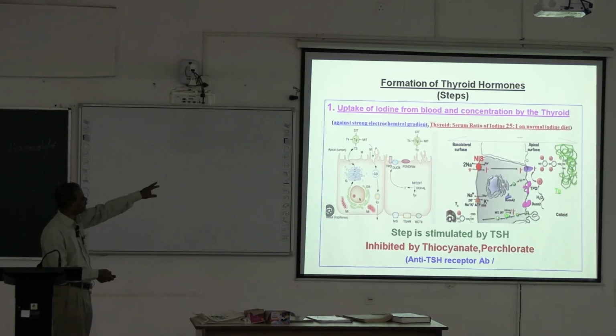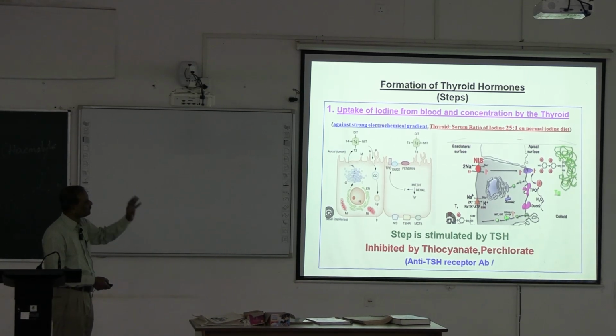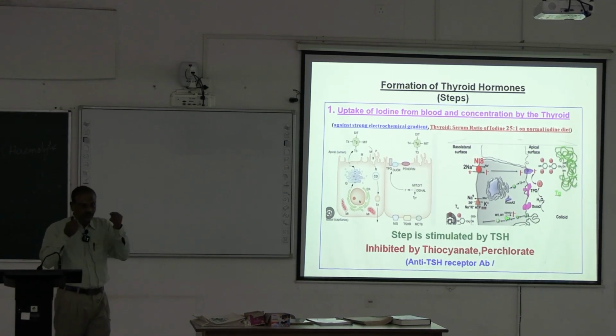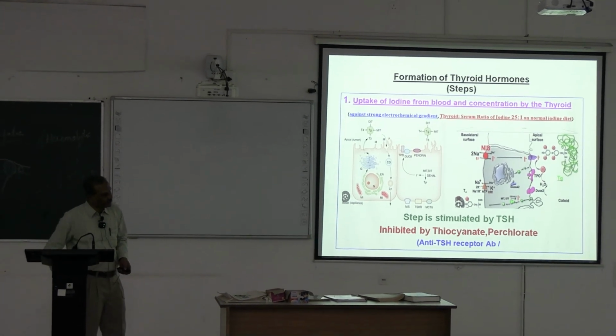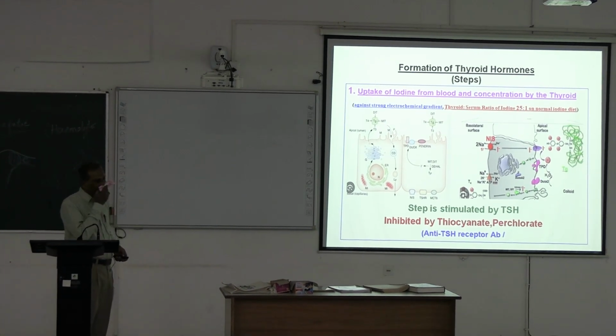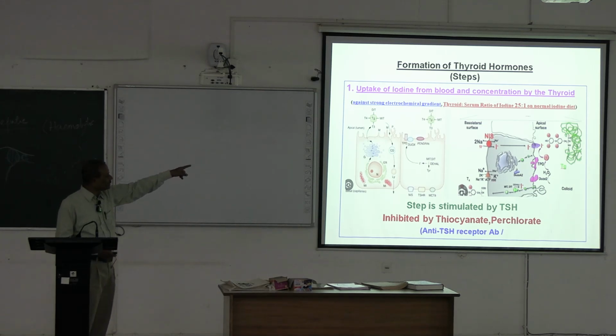The first point is uptake of iodine from blood and its concentration in the thyroid gland. We are taking iodine in the diet or through the salt. That iodine is absorbed by the intestine and it is taken up by the thyroid gland against a strong electrochemical gradient. You can see the thyroid to serum ratio of iodine is 25:1.